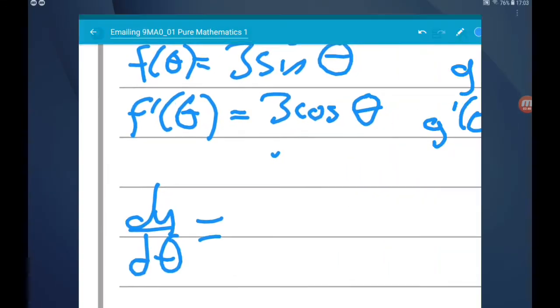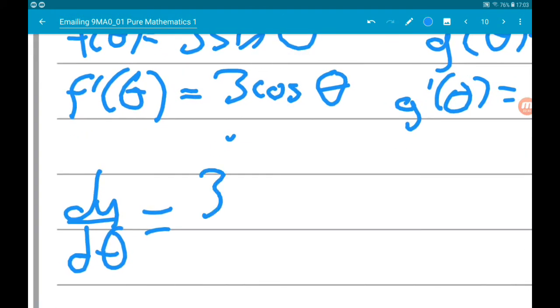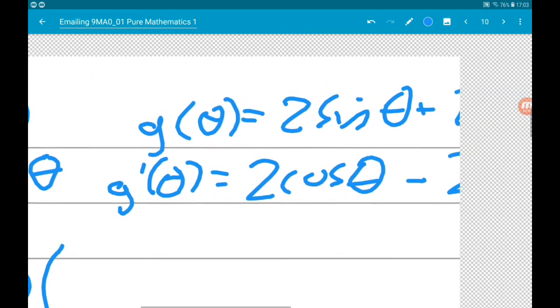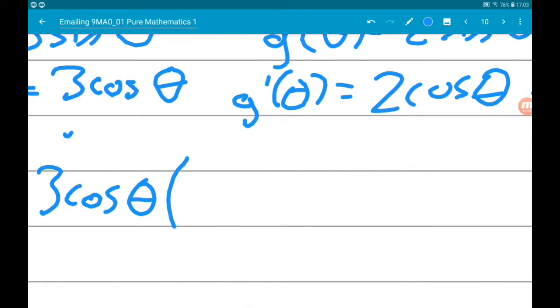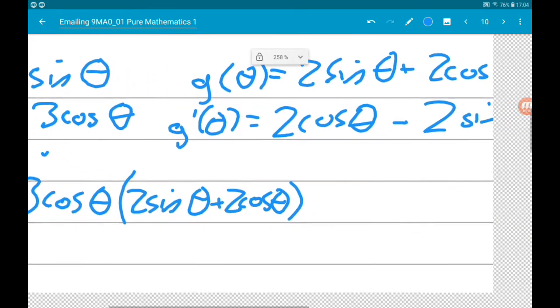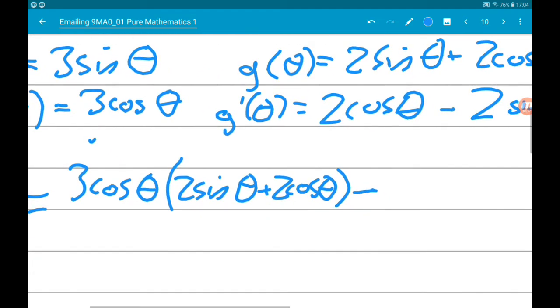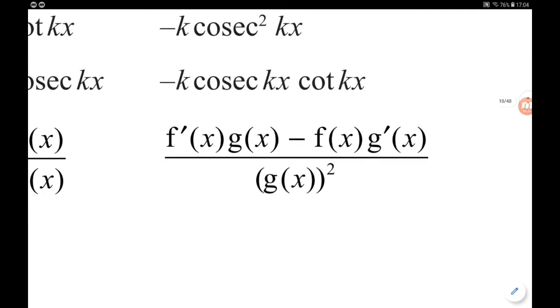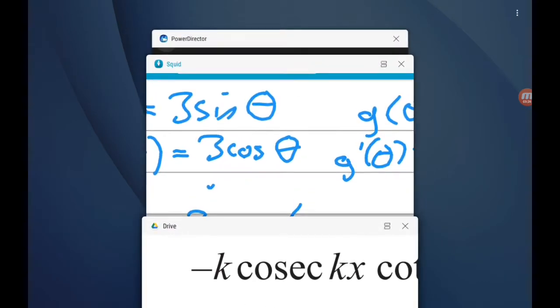So that's going to give us 3 cos of theta times g, so times 2 sine theta and 2 cos theta, minus, so now it's f times g dashed, so minus f times g dashed.